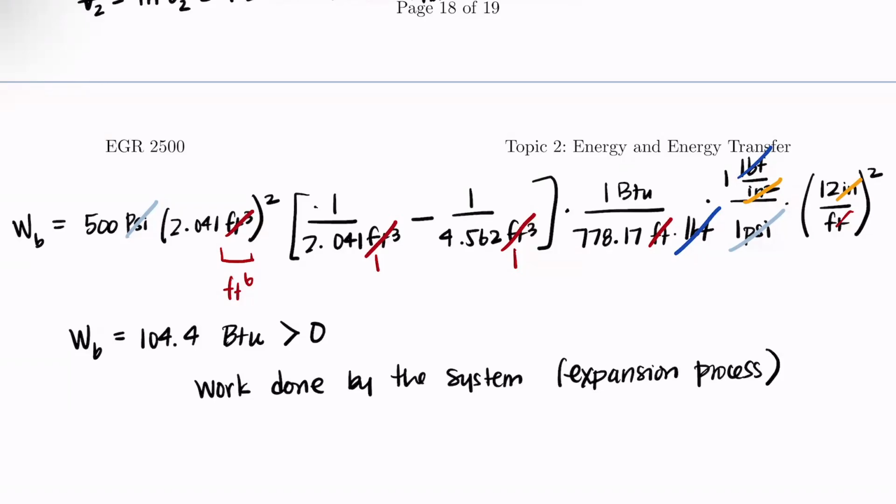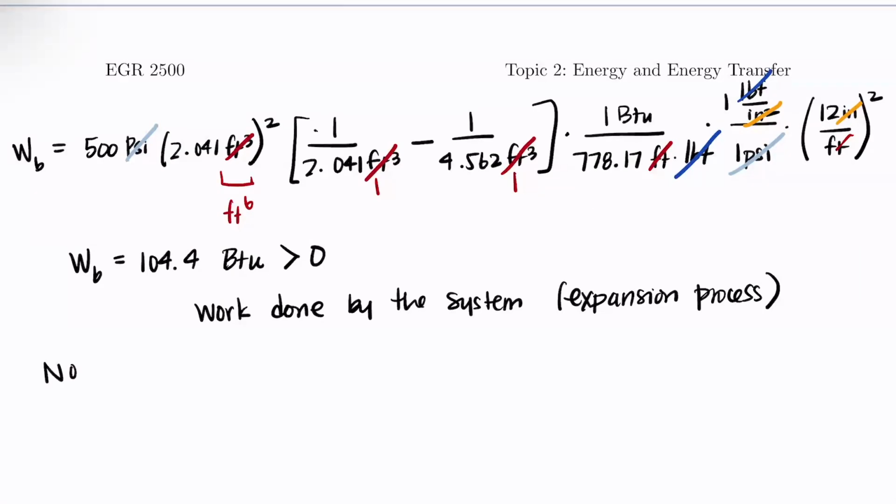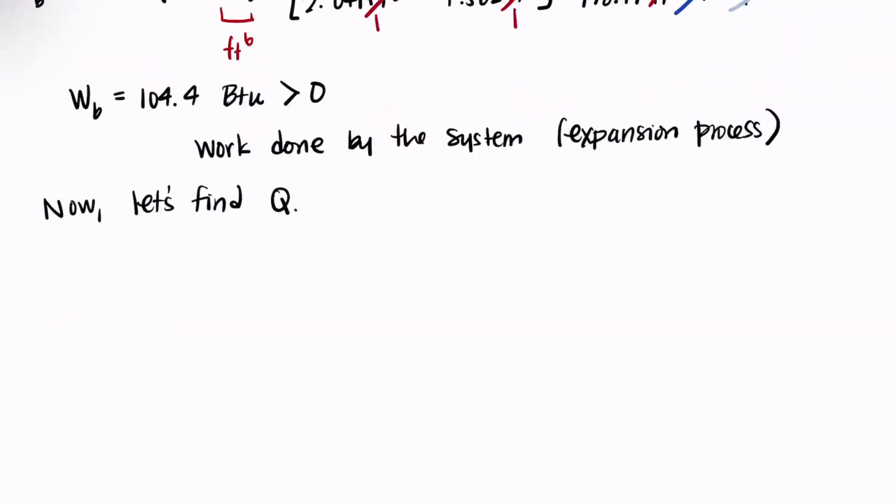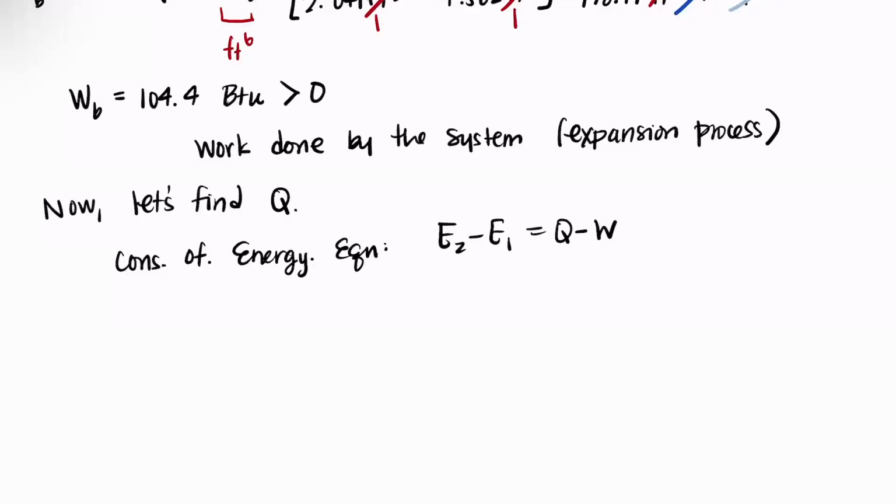Okay, now we want to determine our heat transfer. We want to find Q. All right, so our conservation of energy equation is E2 minus E1 is equal to Q minus W. I'm going to expand out the total energy in terms of internal, kinetic, and potential energies, just like we've done before.